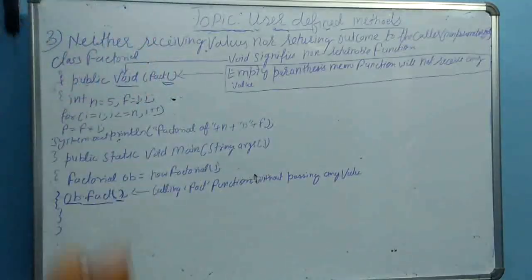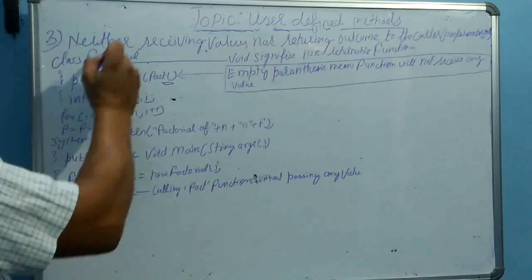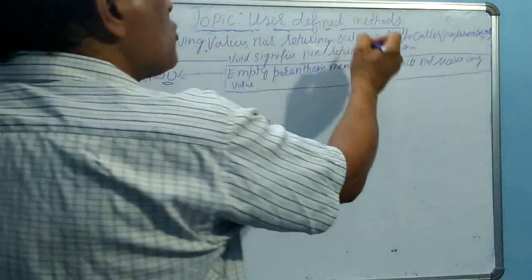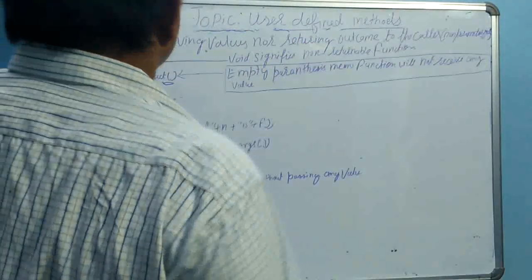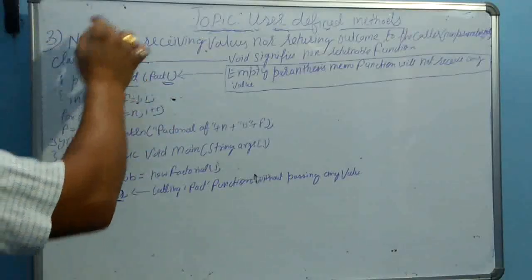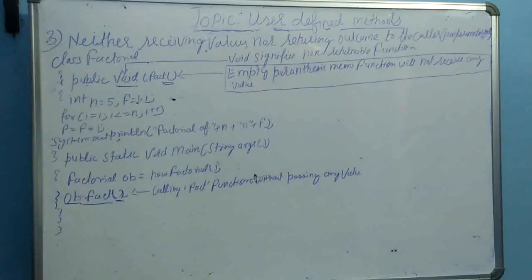So that is the third way of the functions, neither receiving a value nor returning an outcome to the caller. So suppose we have to make a program using this way, then you have to use statements like this. Okay.